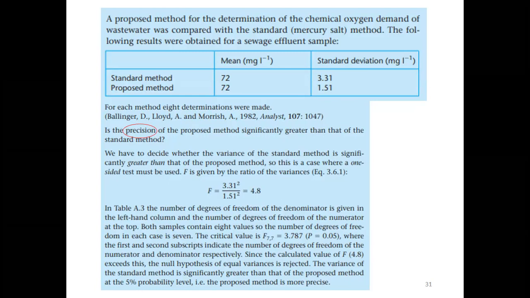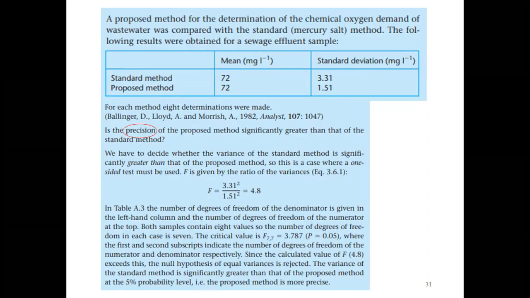If the calculated value is higher than the critical value, what do we do with the null hypothesis? We reject it. That's the same thing we did for the t-test. When the calculated value exceeds the critical value, we reject the null hypothesis.